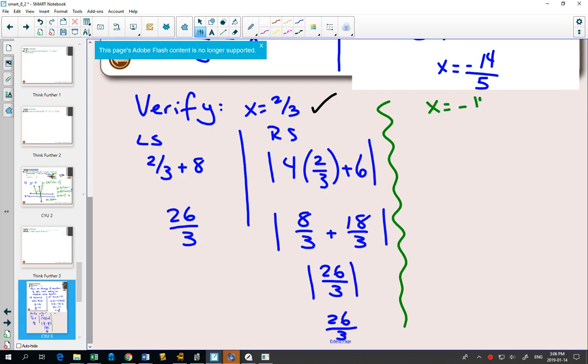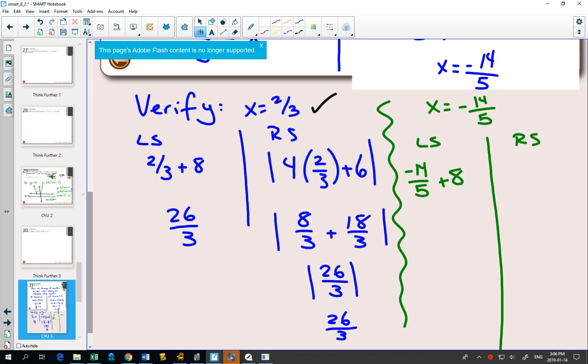Verify x equals negative 14 over 5. Your left side and your right side. Your left side is x plus 8. Your right side was the absolute value of 4 times x plus 6. Again, how do we add fractions?